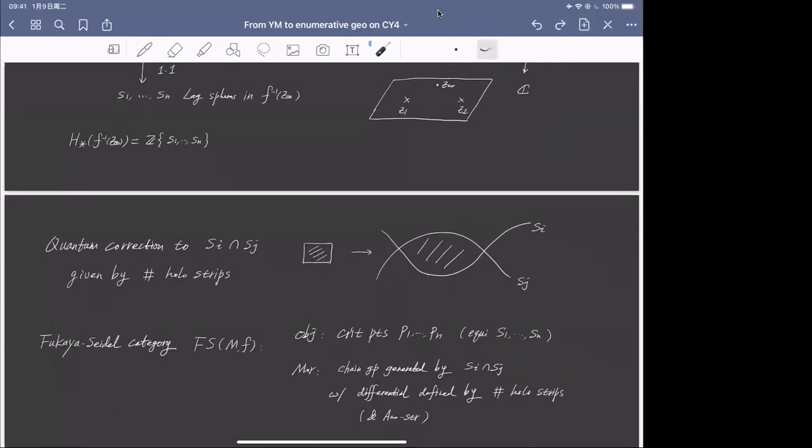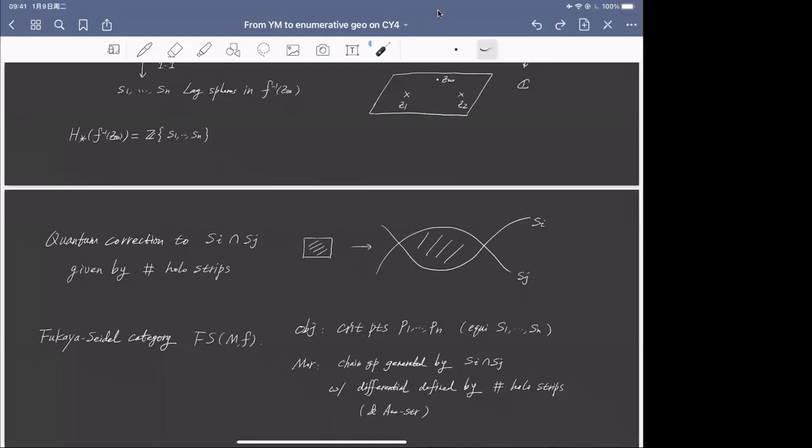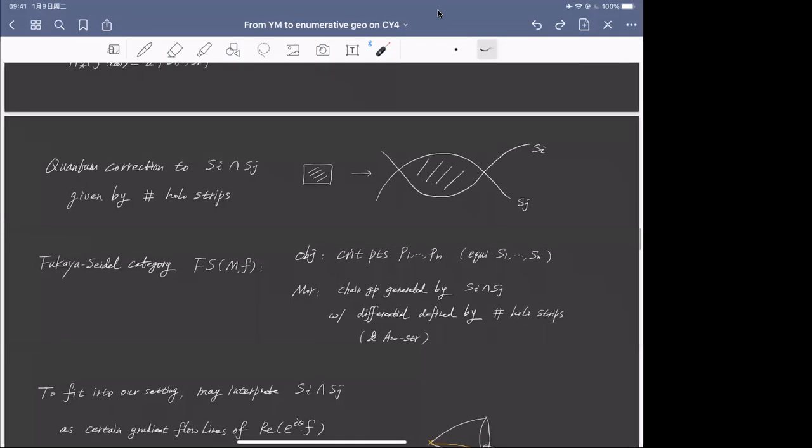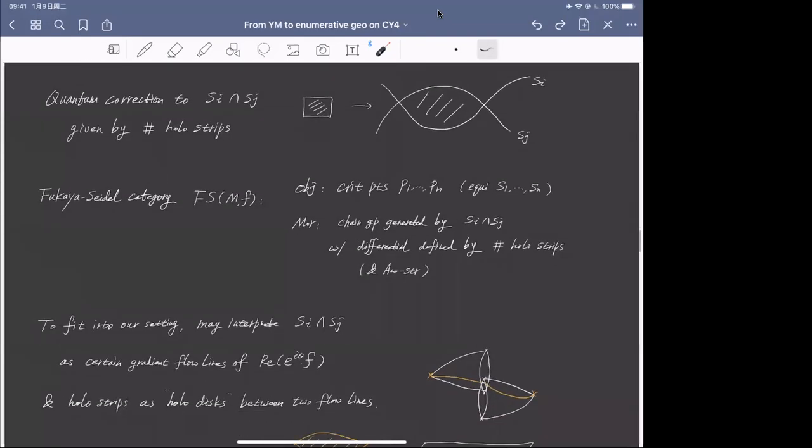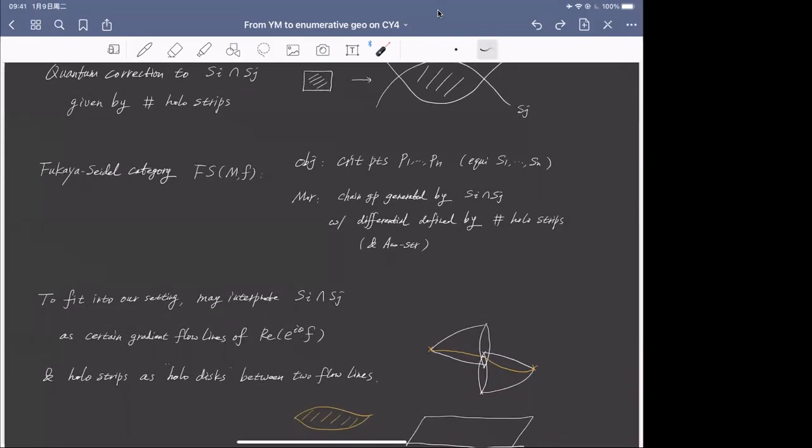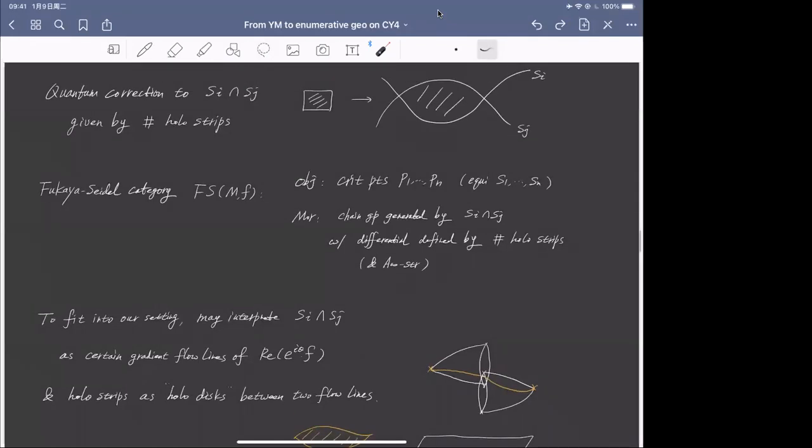And the morphism is defined by some homology group of a chain complex, where the chain group is generated by Lagrangian intersection points, and the differential is defined by counting these holomorphic strips. To fit these pictures into our setting, we may interpret the intersection of these Lagrangian spheres from another perspective.